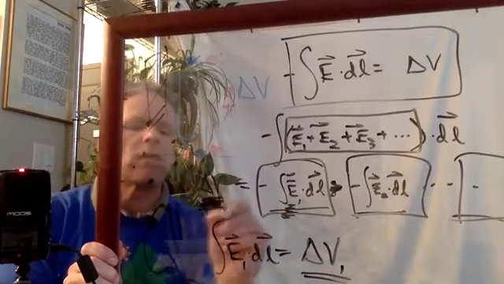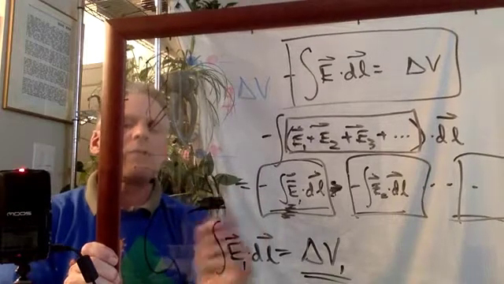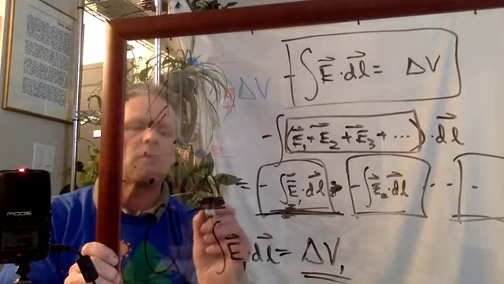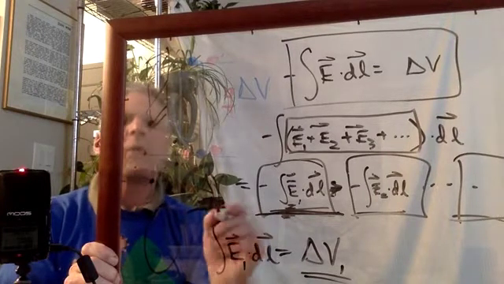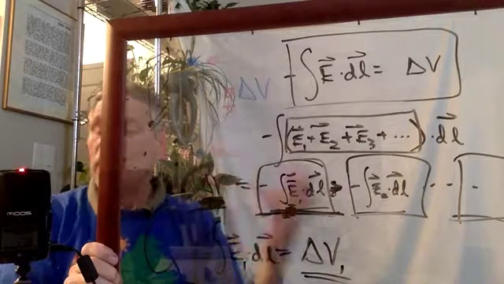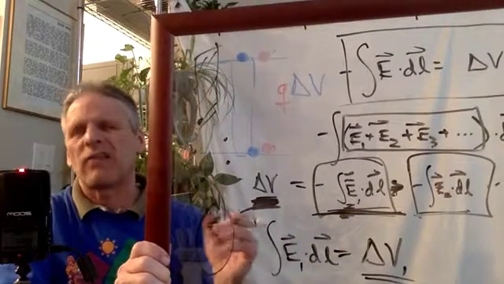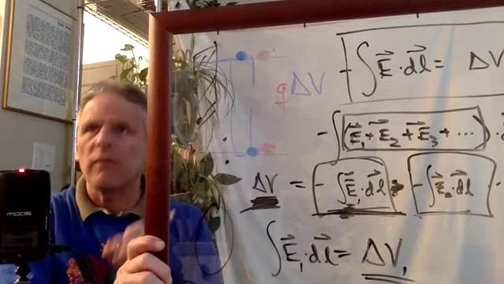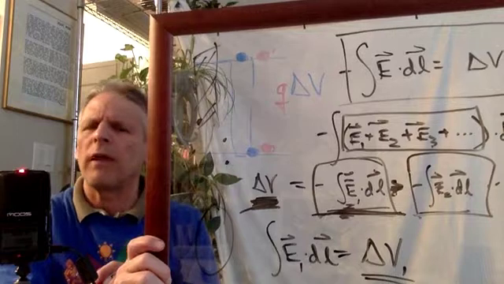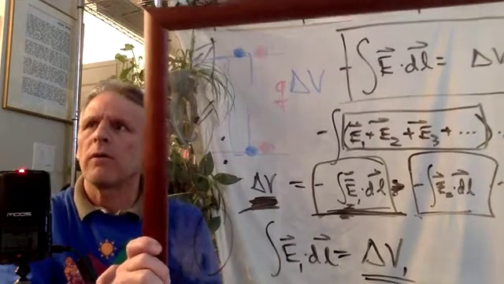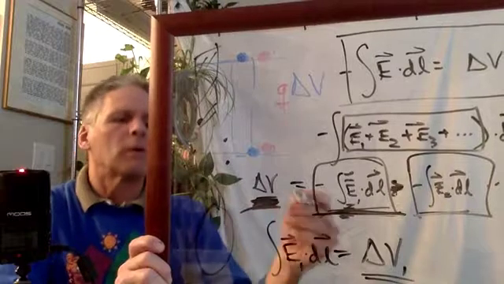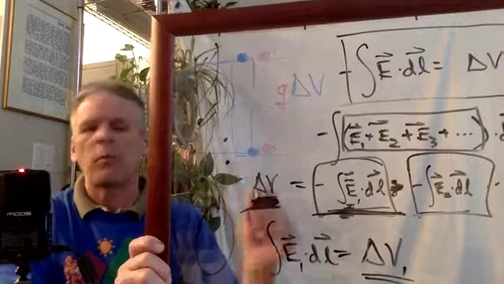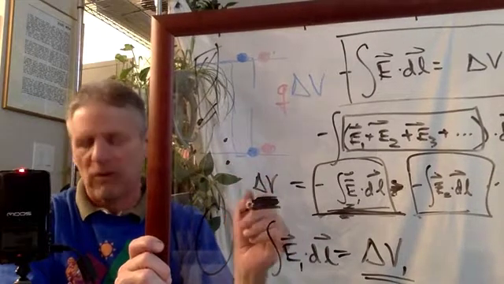Because we're only looking at this delta V, we need to be certain that we're measuring them all from the same spot, okay? That we're measuring them all relative to infinity, for example, and that's going to be a really common one. Not always. I can't remember if any of the problems I gave you require a different assumption, but it doesn't matter. But the point is this. The same way you did superposition with the electric field, you can do superposition with the electric potential.